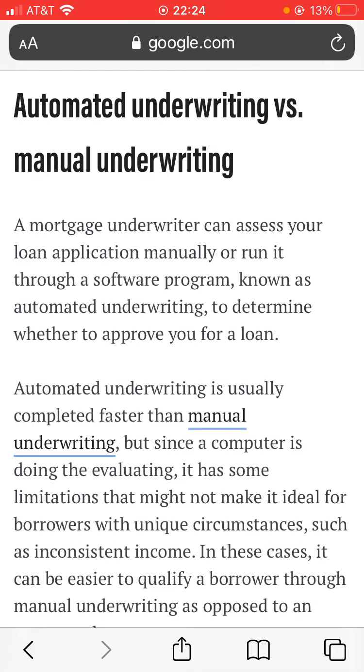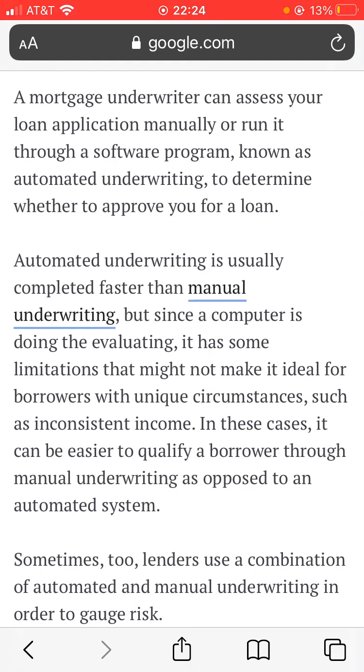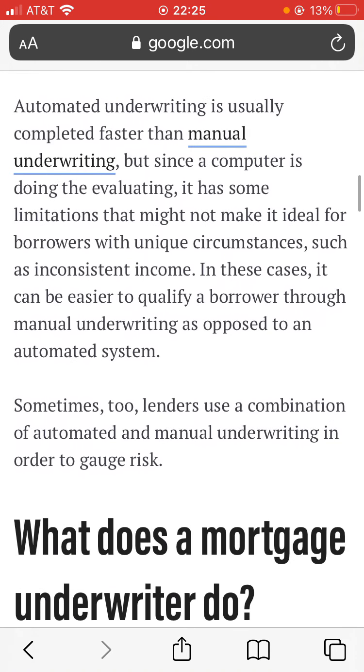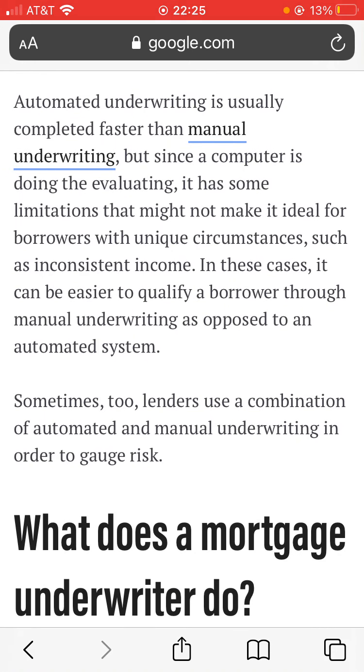Automatic underwriting versus manual underwriting. A mortgage underwriter can assess your loan application manually or run it through a software program known as automatic underwriting to determine whether to approve you for a loan. Automatic underwriting is usually completed faster than manual underwriting, but since a computer is doing the evaluating, it has some limitations that might not make it ideal for borrowers with unique circumstances such as inconsistent income.